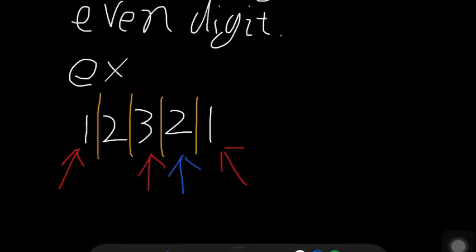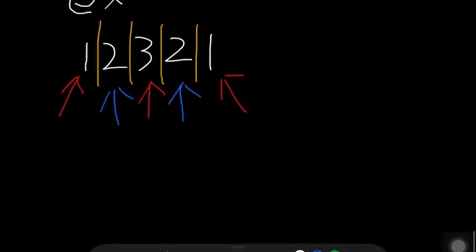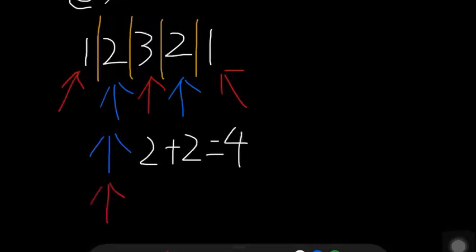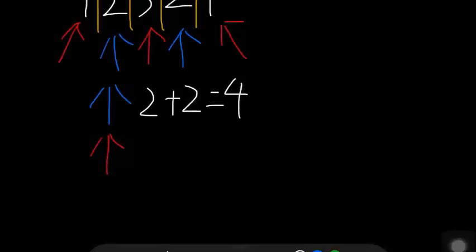We can see that 1, 3, 1 are the odd-position digits, and 2, 2 are the even-position digits. So we need to find the difference between the sum of the blue arrows and the red arrows. For the blue arrows, 2 plus 2 equals 4. And for the red arrows, it's 1 plus 3 plus 1 equals 5.